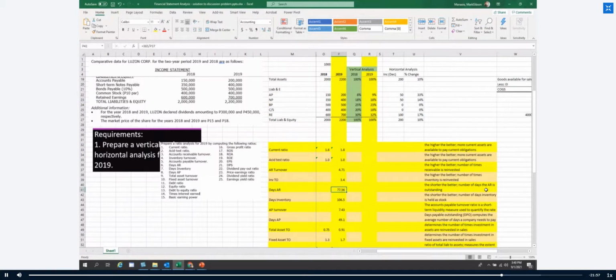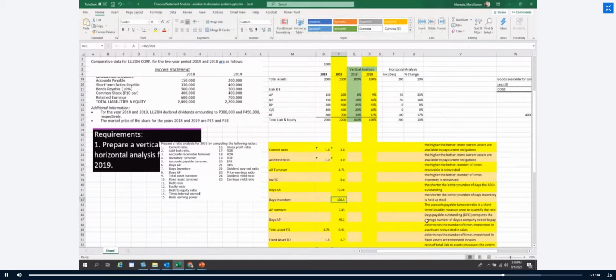Next, days inventory. Actually, this is just 365 divided by your inventory turnover. Again, class, the shorter the better. It is the number of days inventory is held as stock. So meaning, this is the number of days your inventory stays in your balance sheet.